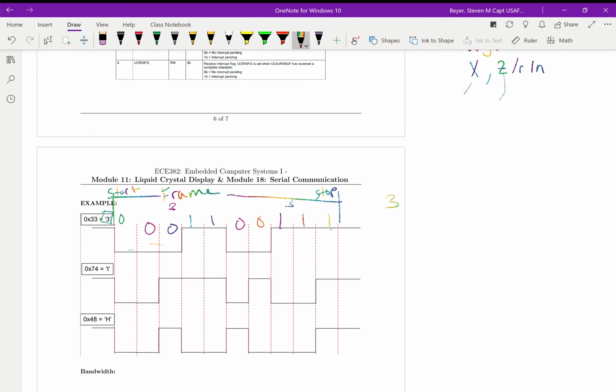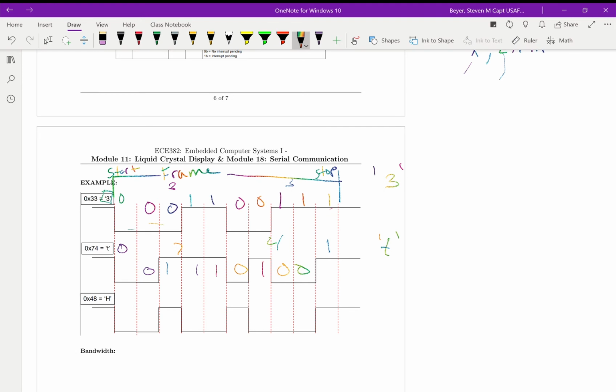All right, T. We got our start bit, our stop bit, and then our information, which is hex 7, 4, which corresponds to the character T. And one last try. You guys will get to practice this on the pre-lab.